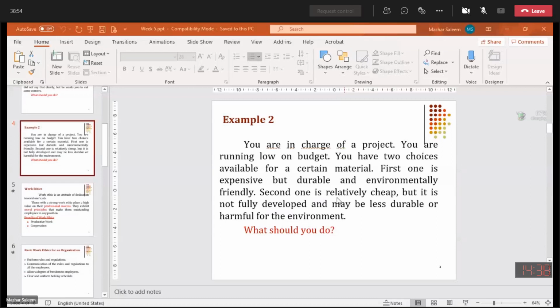Now, different people have different perspectives about this. Loyalty, you should be honest, you should be committed, you should do your work in the best possible quality. But some people say that loyalty means, as long as you are part of that organization, you should never harm that organization. You should not do any activity which is not good for that organization.